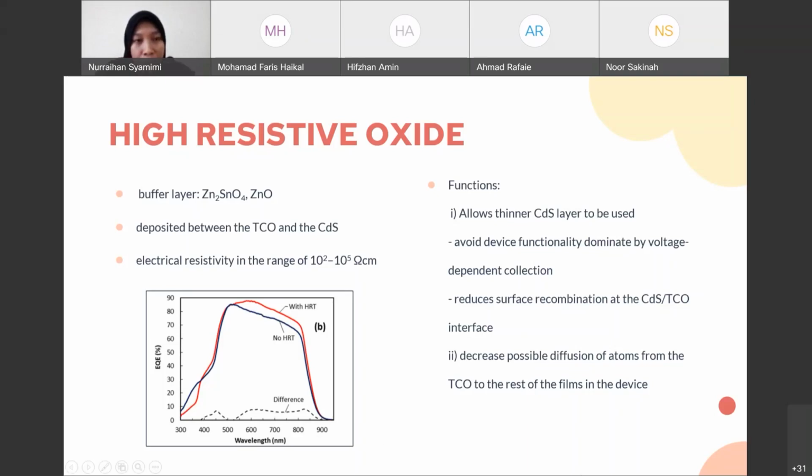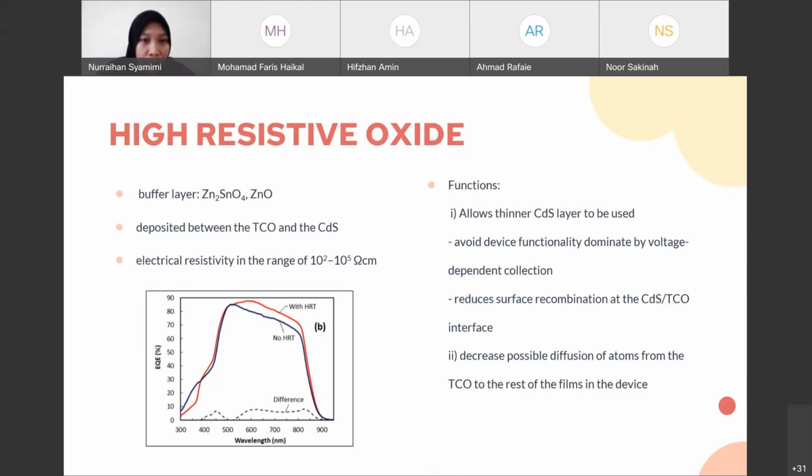The buffer layer also reduces surface recombination at the cadmium sulfide TCO interface, resulting in less detrimental device performance as a thinner cadmium sulfide layer positions this interface closer to the junction. High resistive oxide also helps decrease the possible diffusion of atoms from the TCO to the rest of the film in the device.